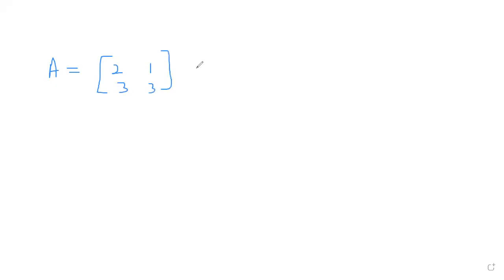And let's take B to be the matrix 1, -2, 3 and then 2 here. So if you want A times B, like we said earlier, it's going to be row times what?